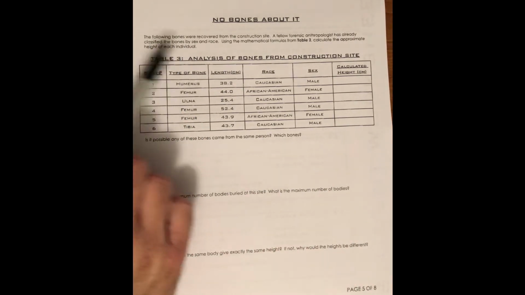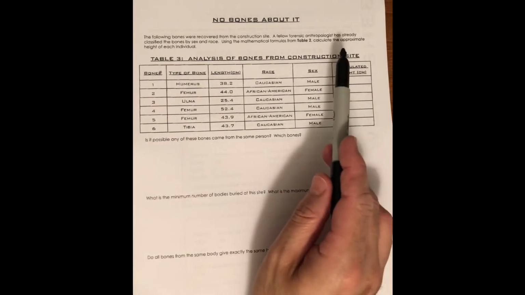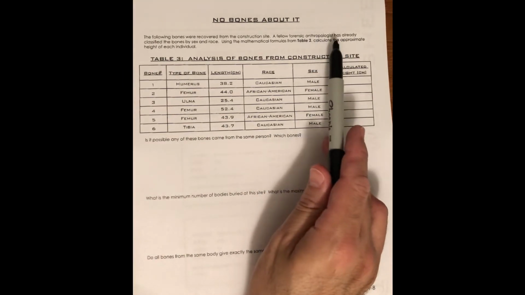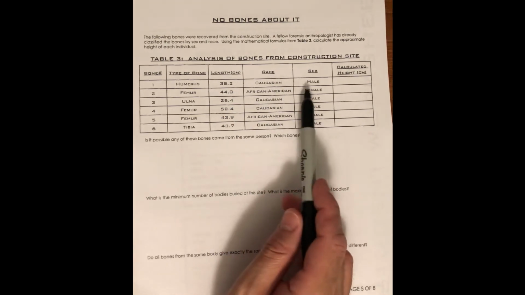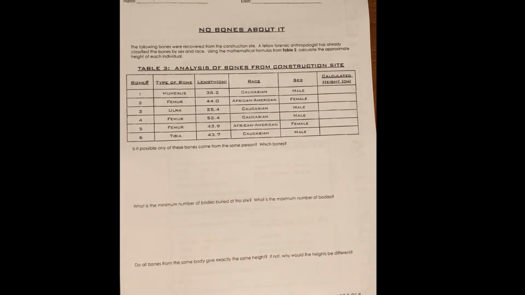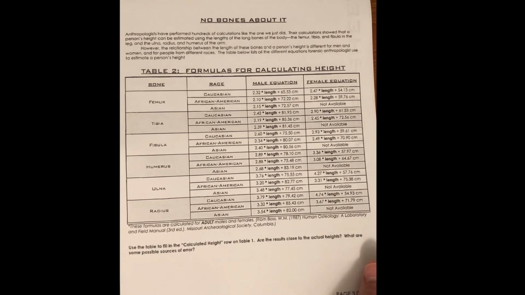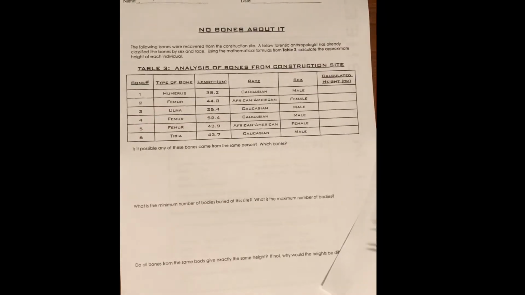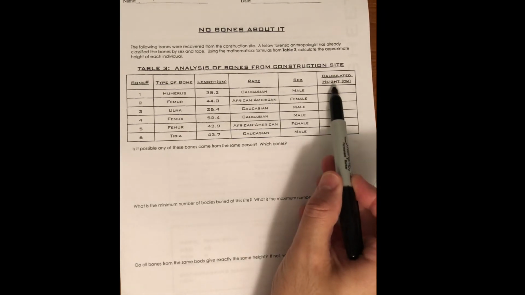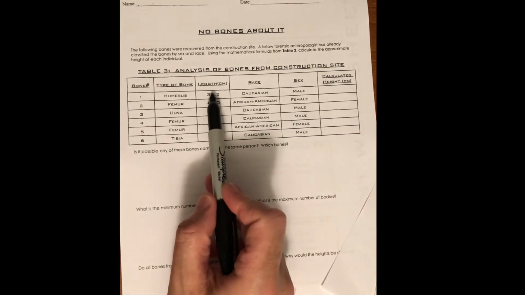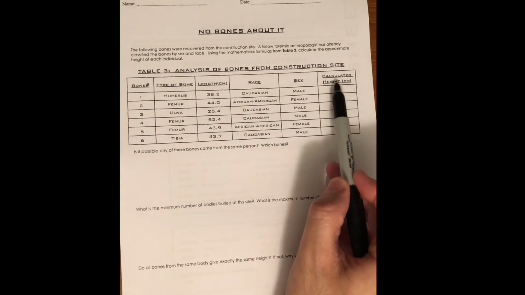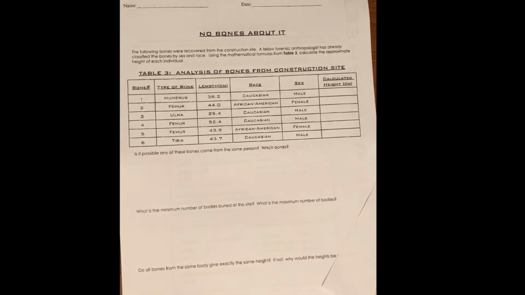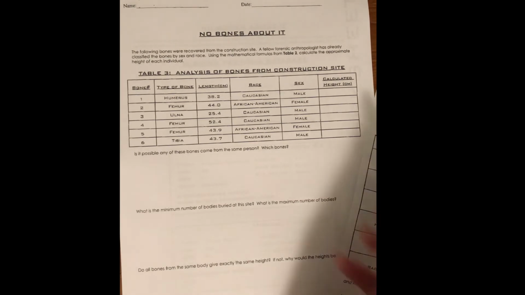So here's our scenario. Again, it says construction site, and the forensic anthropologists on site already classified the bones based on sex and race. And you're going to plug these numbers into our formulas from our data table in order to determine how tall they were. The length of the bone is already in centimeters, and you're going to get a height of the person in centimeters. You do not need to show me calculations on this.